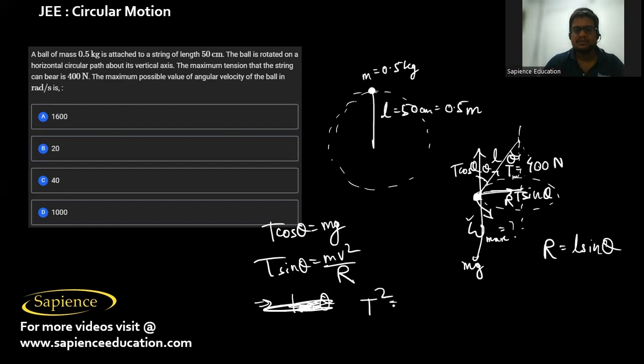So from here T square will be equal to (m v square by r) whole square plus (m g) square, since if we square both and add them, then we will get this. We can also write this as m omega square r, so you can write (m omega square r) whole square.